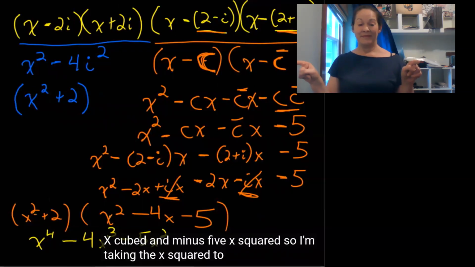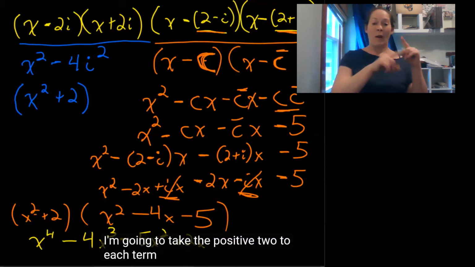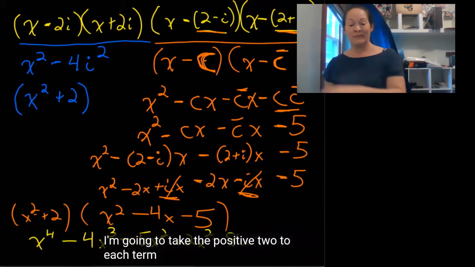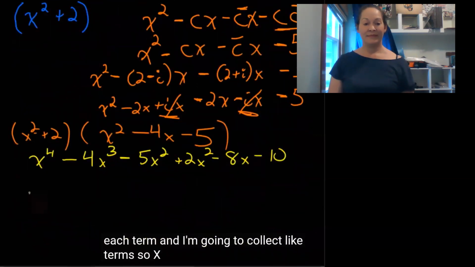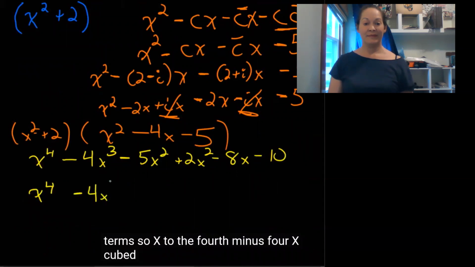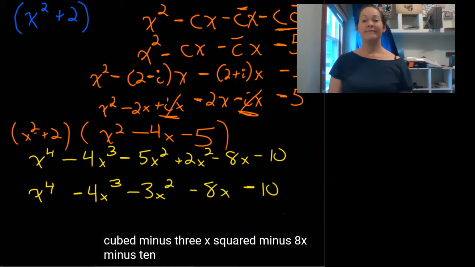So I'm taking the x squared to each term, and I'm going to take the positive 2 to each term. And I'm going to collect like terms. So x to the 4th minus 4x cubed minus 3x squared minus 8x minus 10.